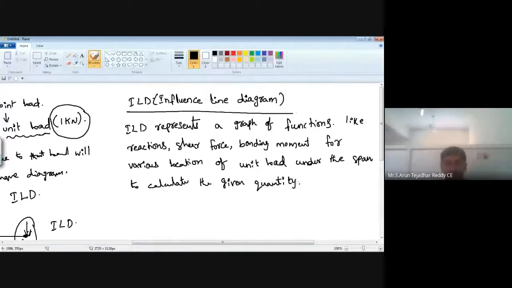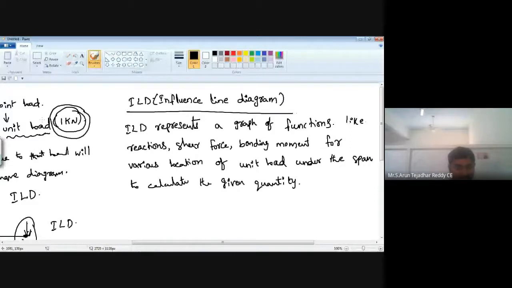Generally, it represents a graph of functions. Like just now we discussed, our functions, our applications, like reactions, shear force, bending moment, for various locations of unit load. That unit load we also discussed, that is 1 kilonewton, under the span to calculate the given quantity.